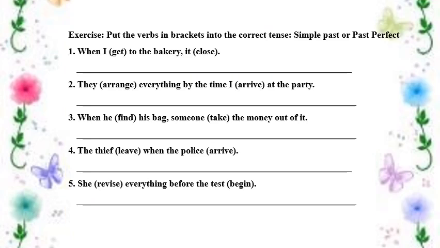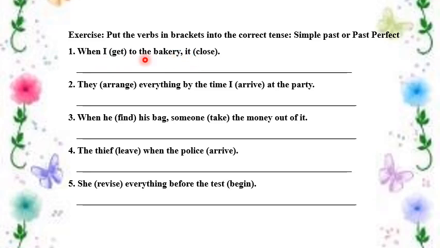I am sure students you have understood well about the use of past perfect tense. Now here is an exercise for you. Put the verbs in the brackets into the correct tense, simple past or past perfect. You are going to guess which part of the sentence will be changed into past perfect and which part of the sentence will be changed into simple past tense.